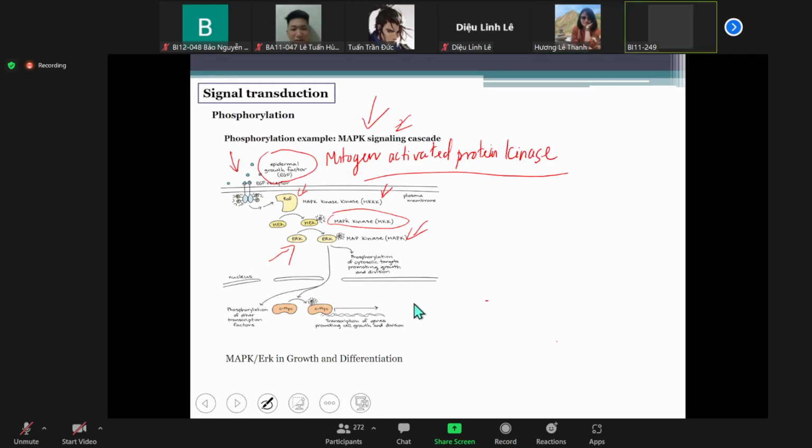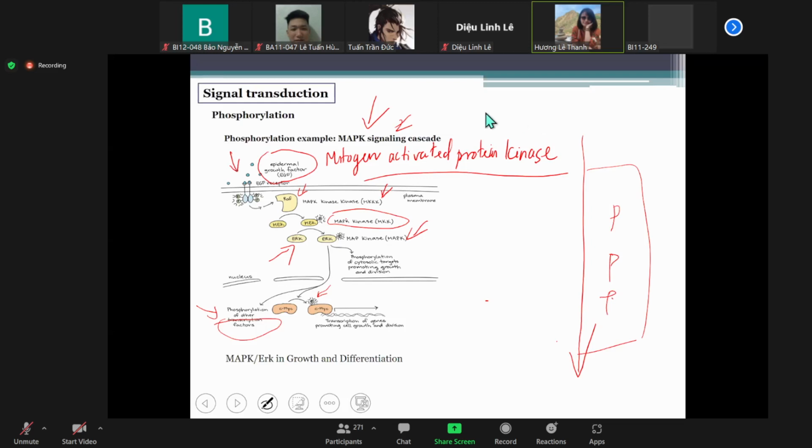In the end, the MAPK will go to the nucleus to phosphorylate other transcription factors. After these transcription factors receive one phosphate group, they are activated and will go to the genes and promote them for cell growth and division.